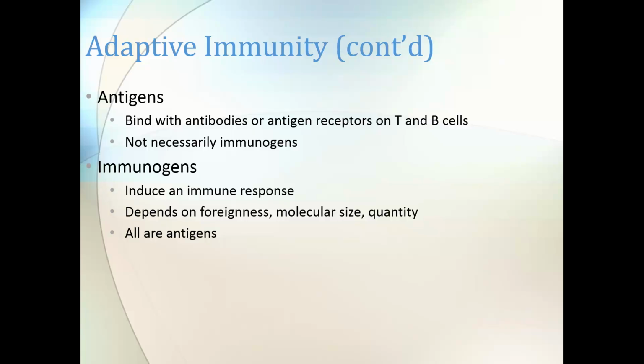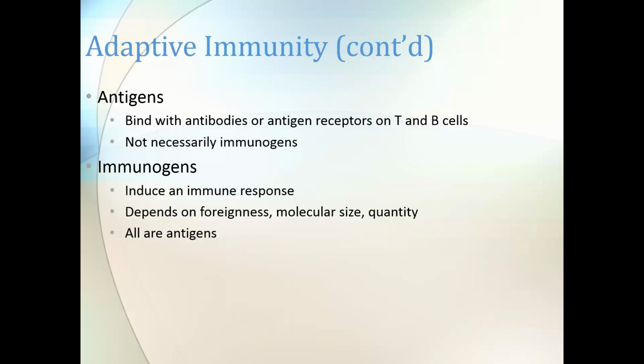And the other thing I would couple with that and add to that is immunogens, by definition, induce an immune response. Now, there could be some antigens that are foreign. They're the bad guys, but they don't adequately induce an immune response, either because there's too many of them that overload the immune system, or there's not enough of them, so it doesn't mount a proper full-blown immune response.